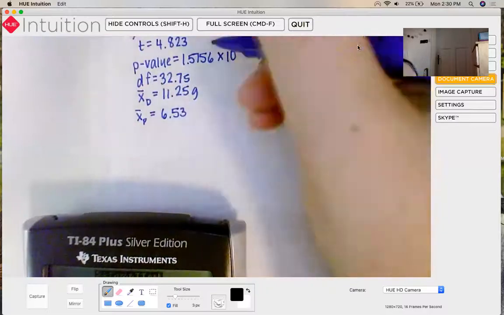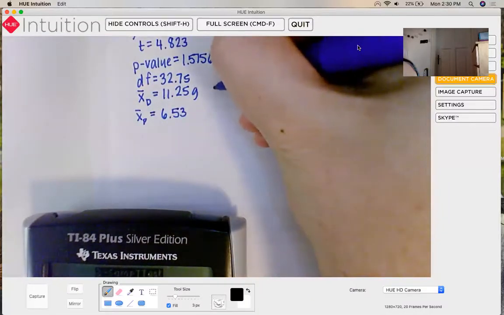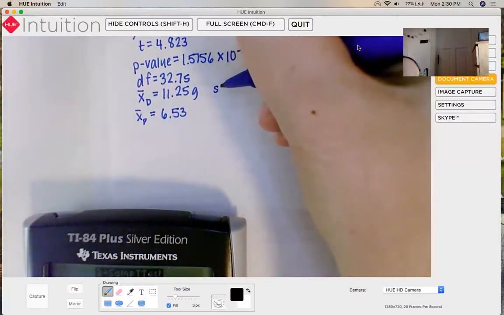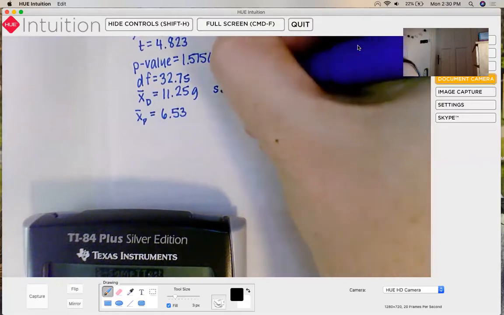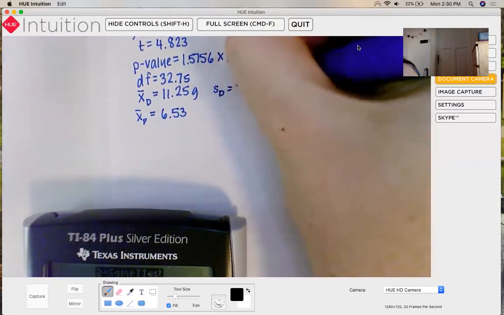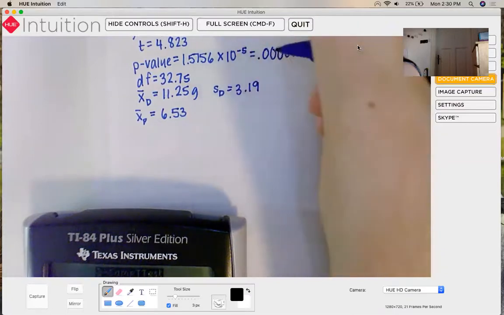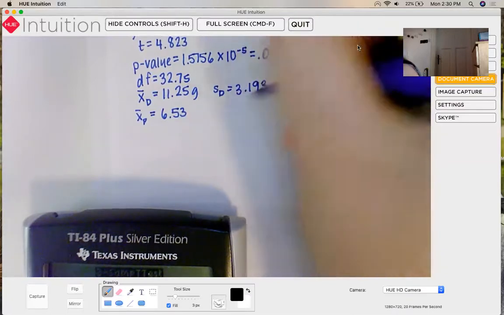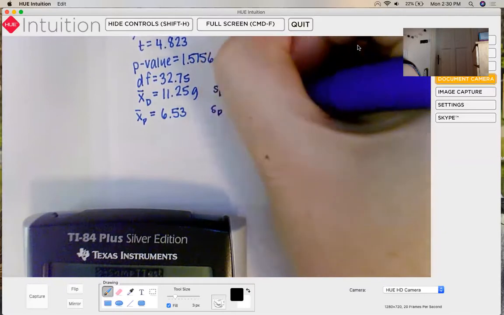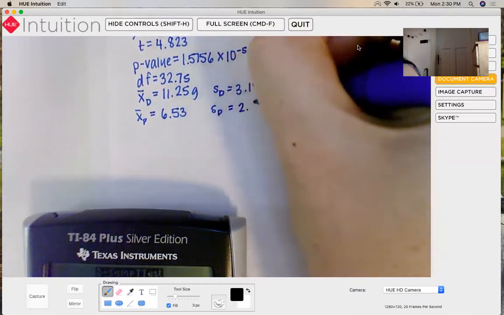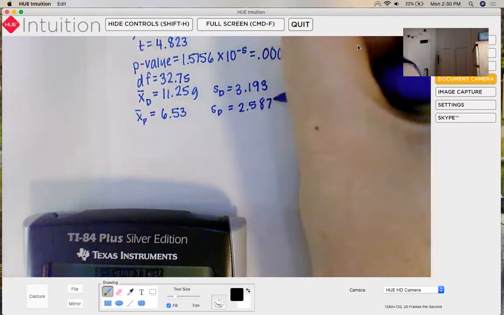My standard deviations, I'm just going to write those out here, which is S. I'm going to write SD, 3.19. And my SP, standard deviation, is 2.5875.